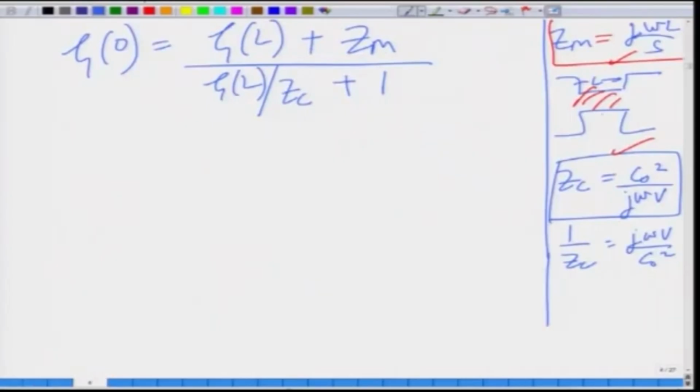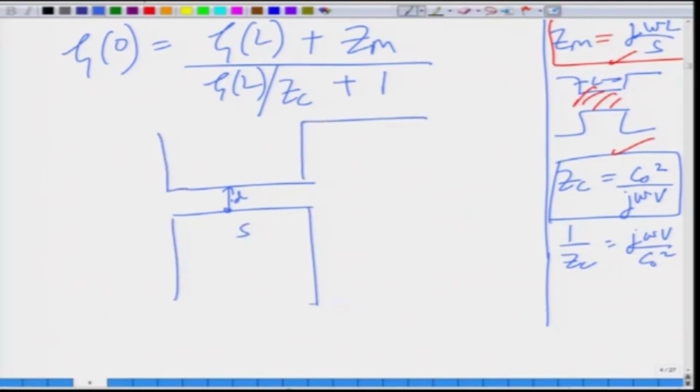If you recall this figure, it tells you that if you have a tube whose diameter or cross sectional area is much smaller than this one, then the volume of such a tube is much smaller than the volume of this one and this one. So the compliance will be much larger.